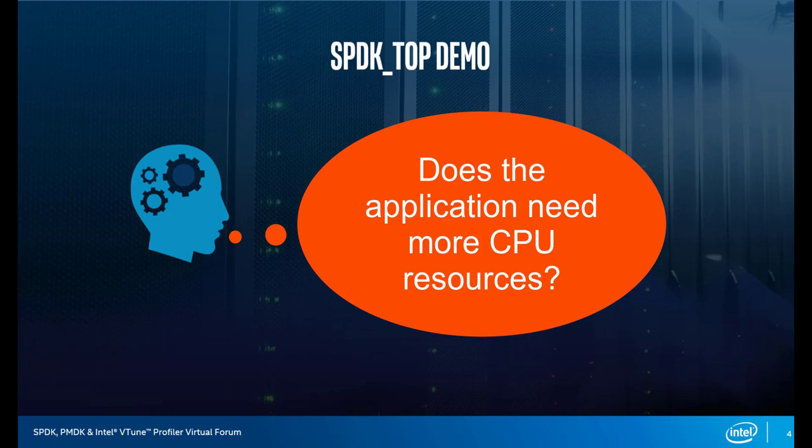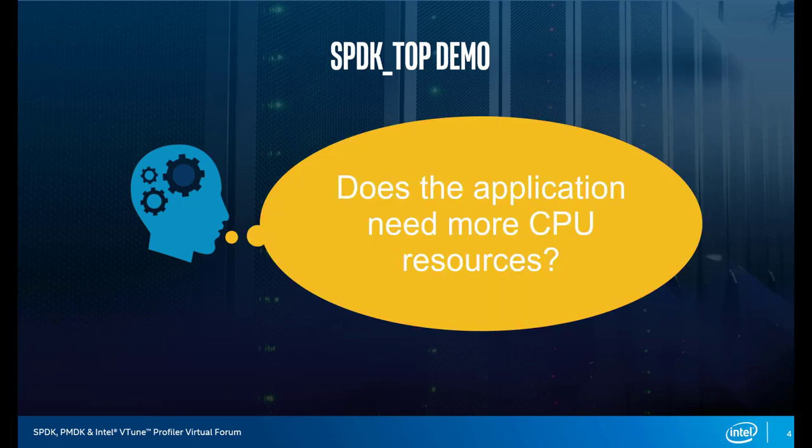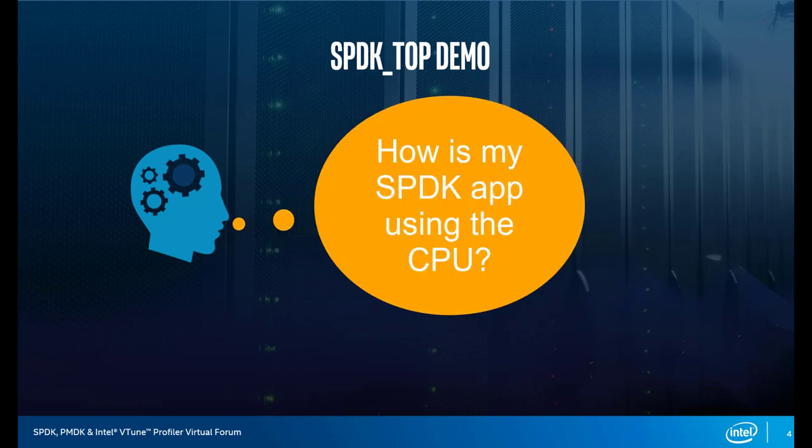They will start asking questions like, does that mean that my SPDK application needs more CPU resources? And oh, by the way, what is the SPDK application actually doing with these CPU resources?